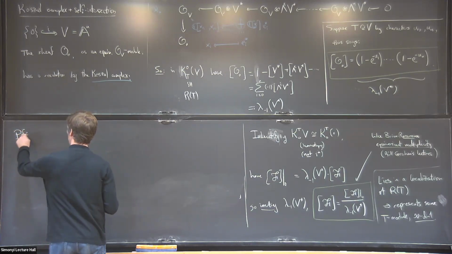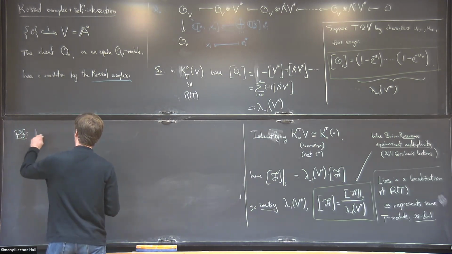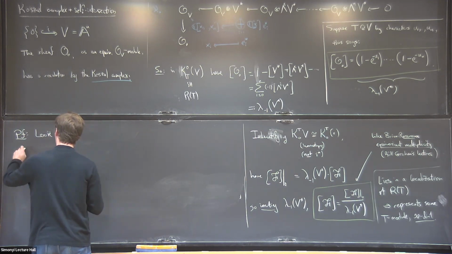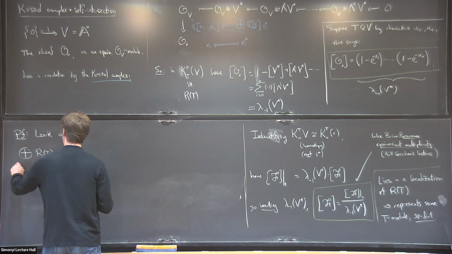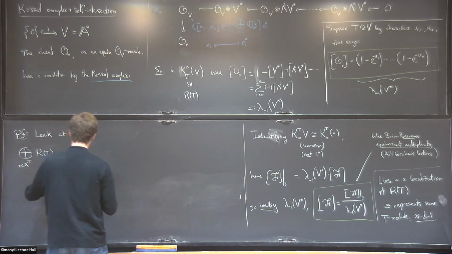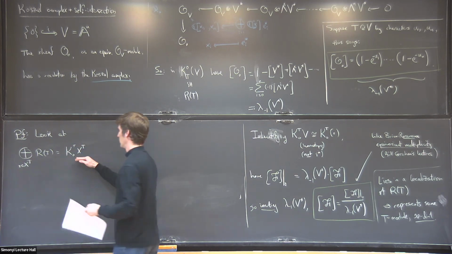This can be proved in cohomology, and the proof here is exactly the same as in cohomology. What you do is you look at the following sequence of maps, not an exact sequence, just a composition of homomorphisms.